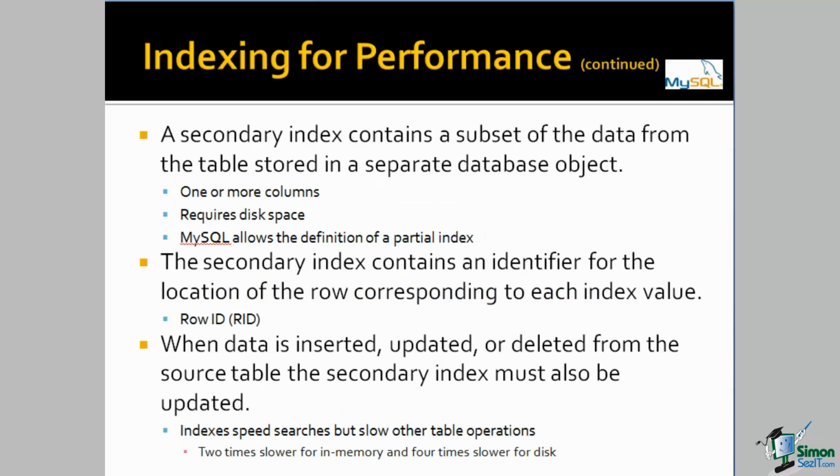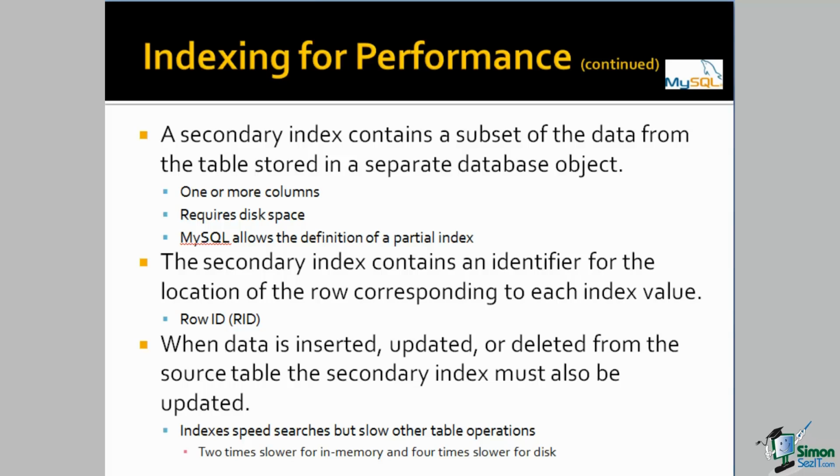A non-clustered index, also referred to as an unclustered or secondary index, contains a subset of the data from the table. So we select some column from the table and we say, this column is going to be an index for the table, a value upon which we will search to find the rows of interest in the table.